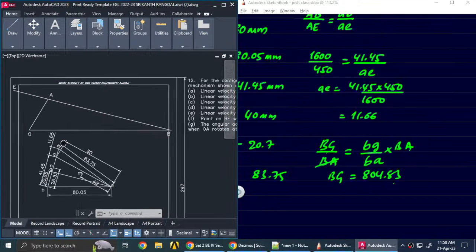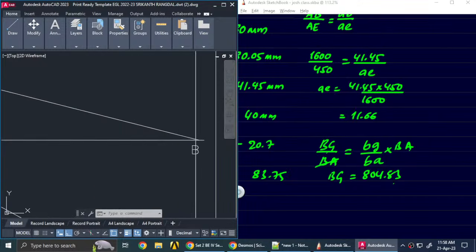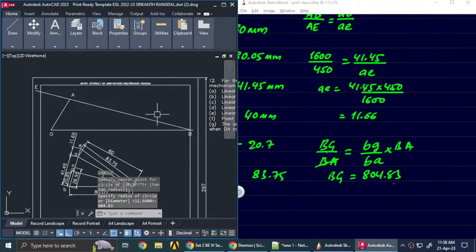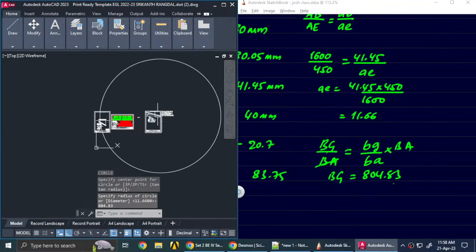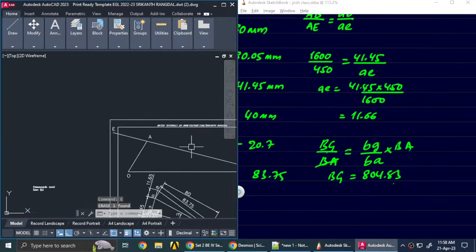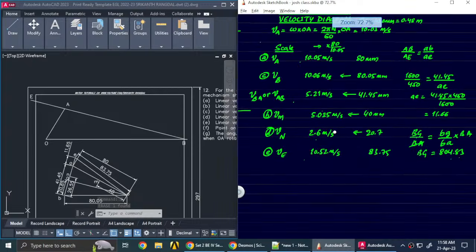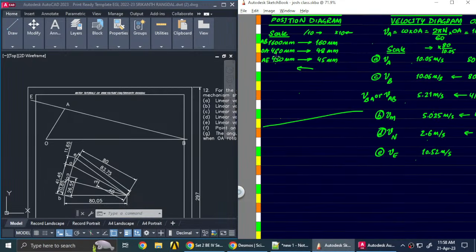So if you want to find that point, you have to mark the point from B at a length of 804.83. All right, so we have to again convert this. 804.83 is the actual length, so we have to again convert it.